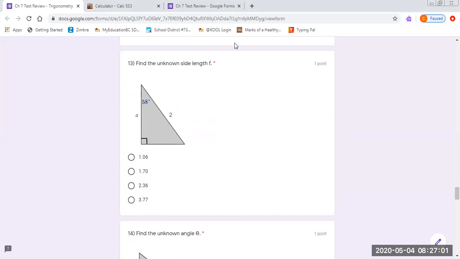Now let's take a look at this question here. This one, we need to know the side length, and in this case, this is the hypotenuse, and this angle is opposite, and this is adjacent. So we are dealing with the adjacent over hypotenuse, and so that would be CAH, which is cosine.